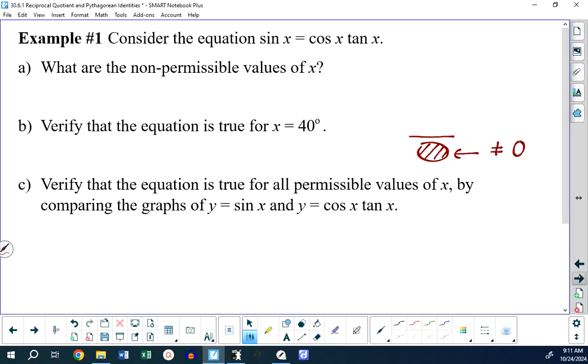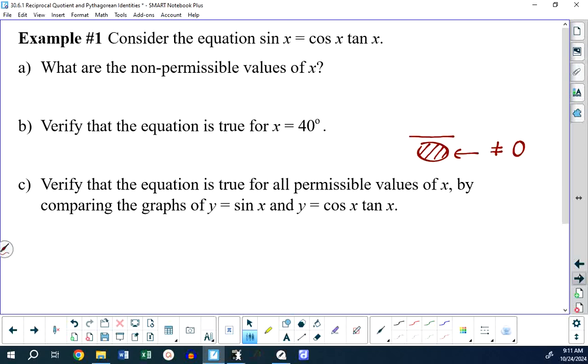Whenever you're dealing with non-permissible values of trigonometric expressions in an equation or an identity, any denominator is not allowed to be 0. Okay. When you look up here, do you see any denominators in this equation? You don't, but there is a denominator. Tan of x is sine of x over cos of x. And that leads me to this question.